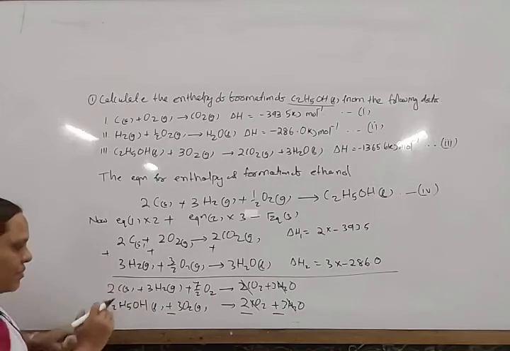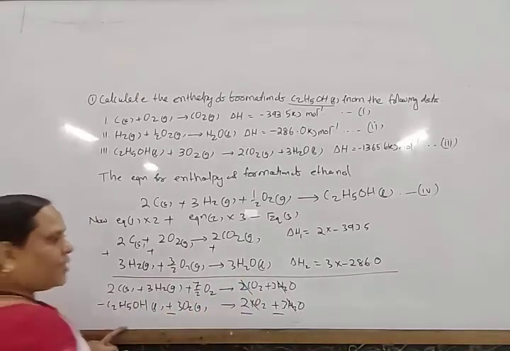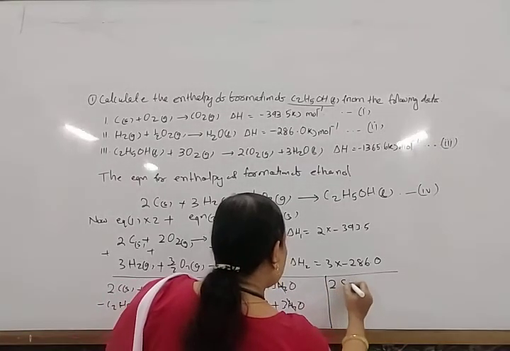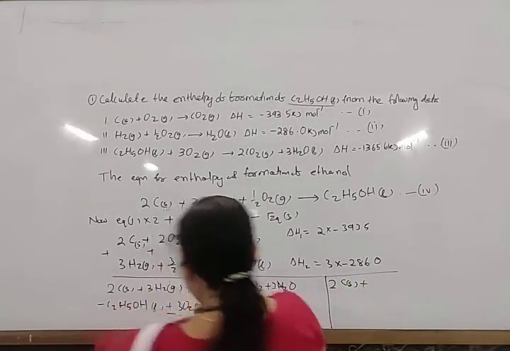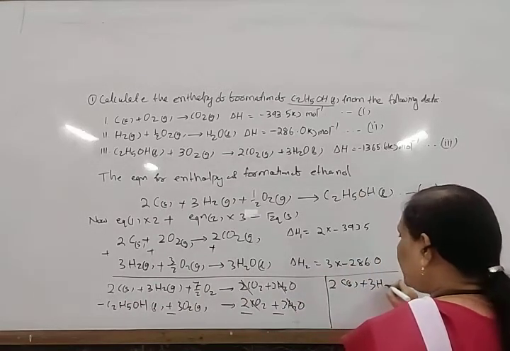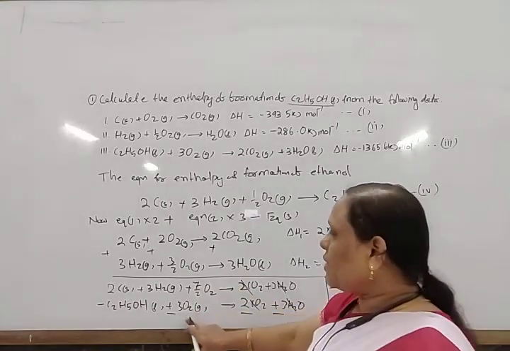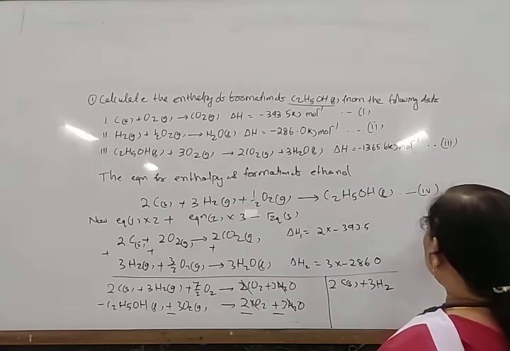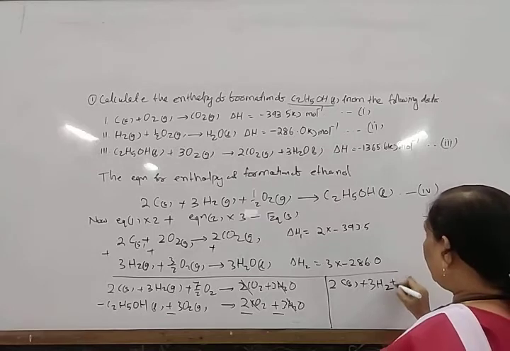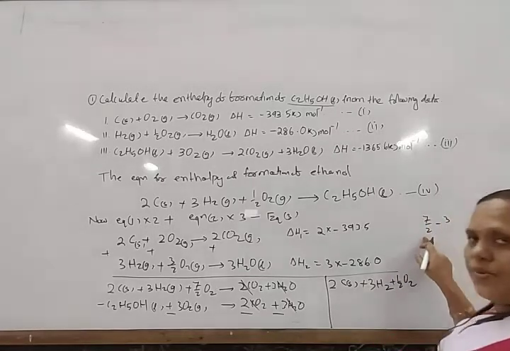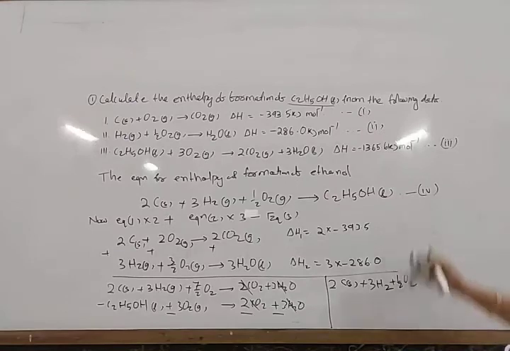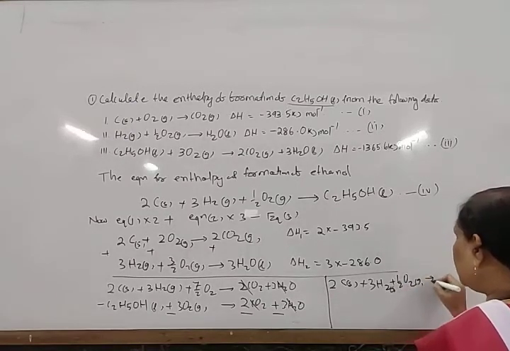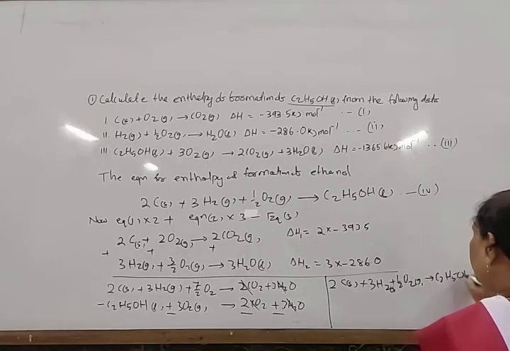Now if this equation comes to this side, what do we get? Look here. We get 2C solid plus 3H2, and 7 by 2 minus 3, that is half, O2 gas, give rise to C2H5OH liquid.